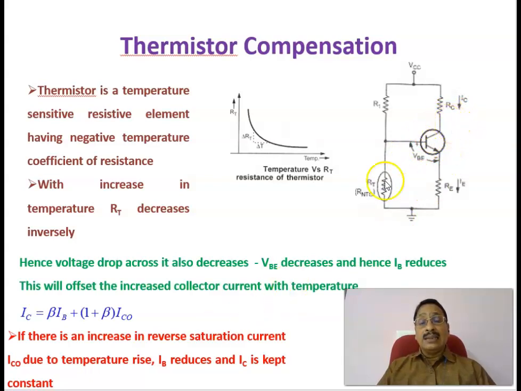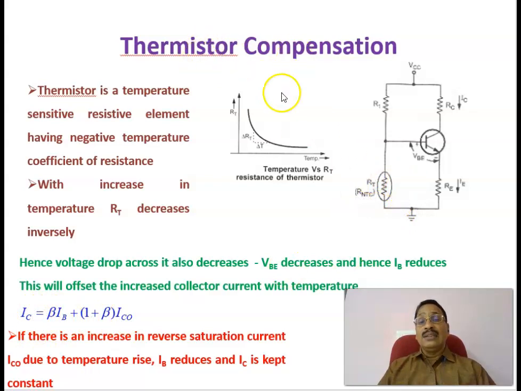Or we can say that as temperature increases, the resistance reduces, VBE reduces, and IB reduces. As IB reduces, this part is getting reduced. So as the temperature increases, 1 plus beta ICO is increasing, but since IB is reducing, beta IB is reducing, keeping the collector current constant.